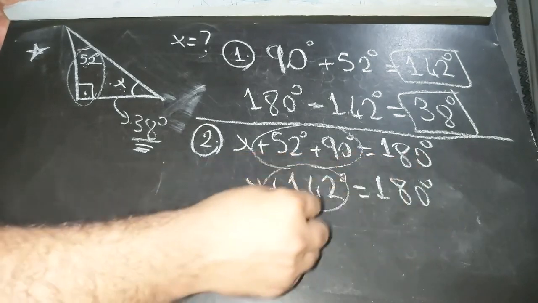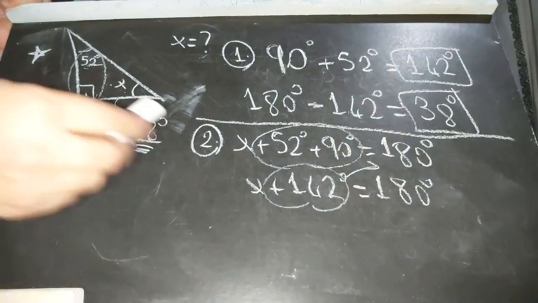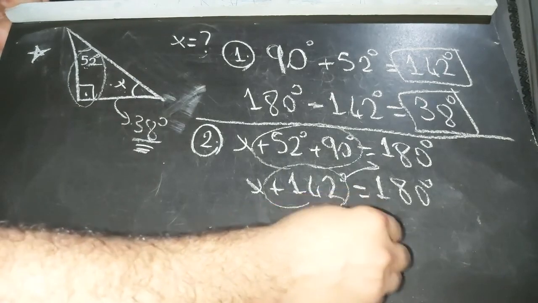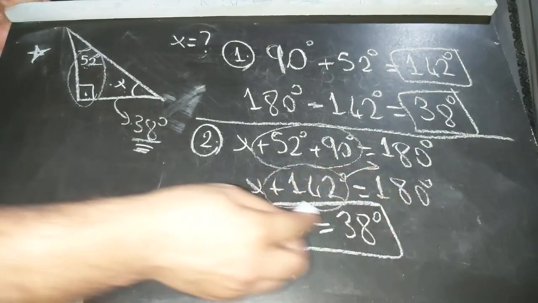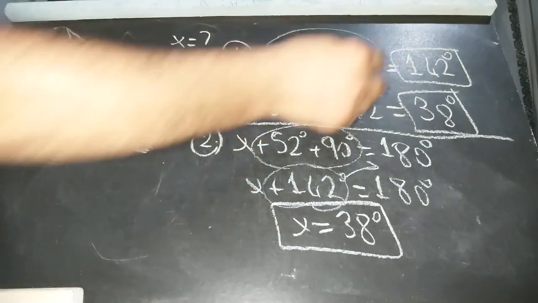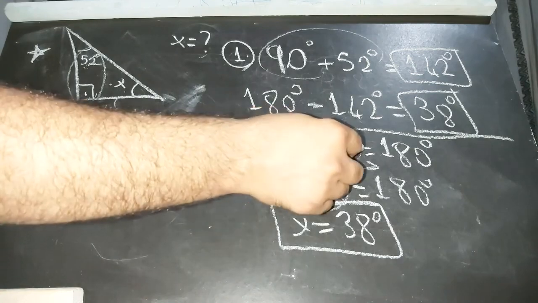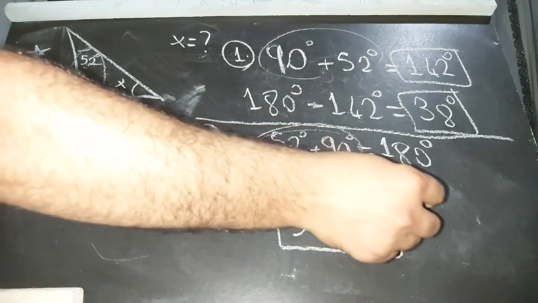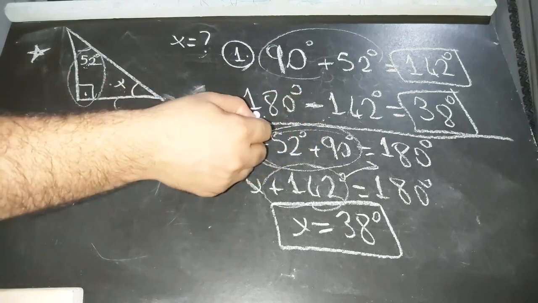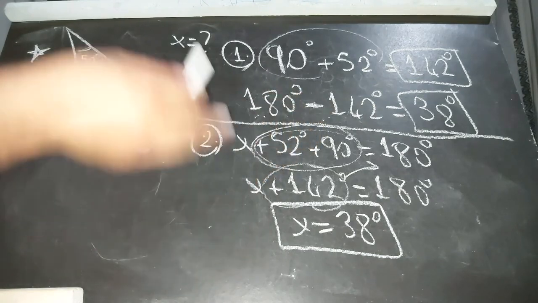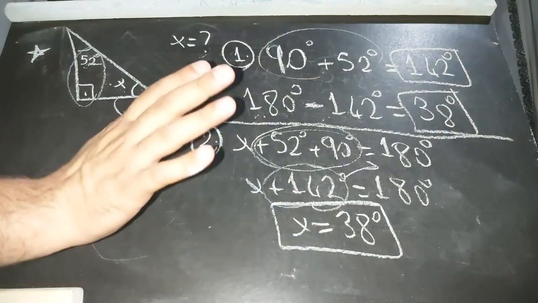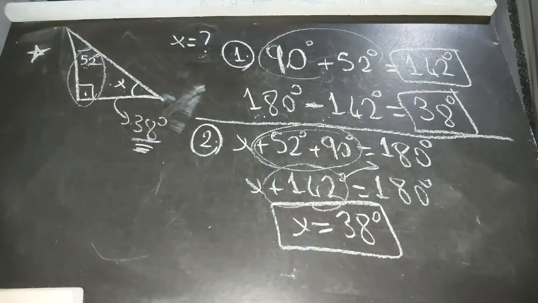And this will go to the other side as negative. 180 minus 142 will be 38 degrees. So basically we are doing the same thing. If you notice, you add them to each other, I added them to each other too. Then I send it to the other side as subtraction, and I subtracted there. Basically they are the same thing. That's why I'm getting the same answer. Now it is up to you whether to use the first or second method.